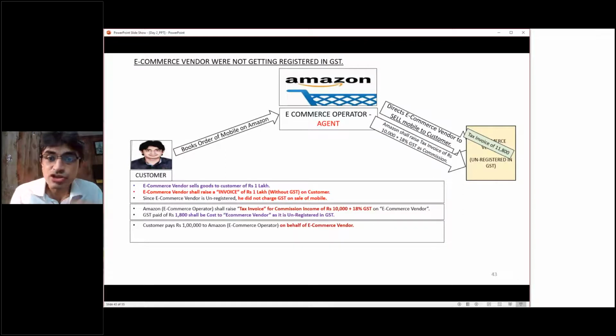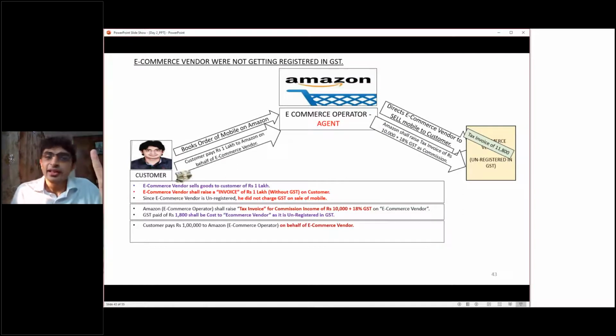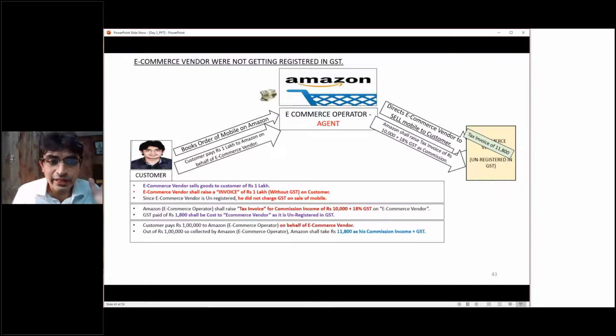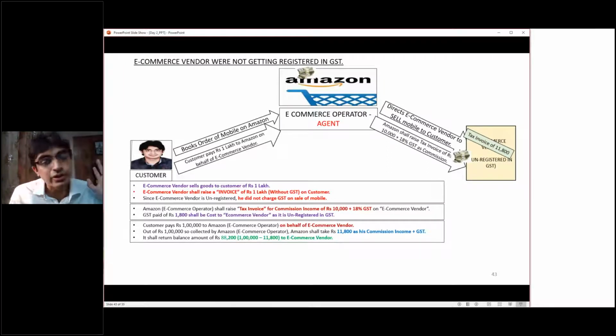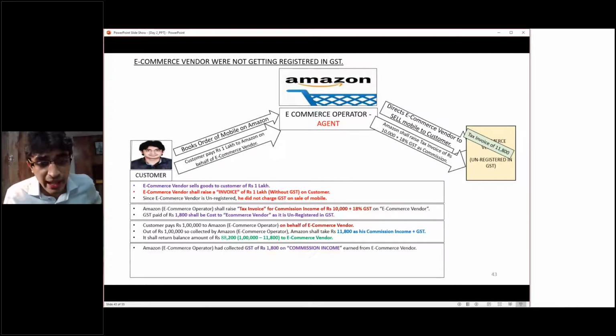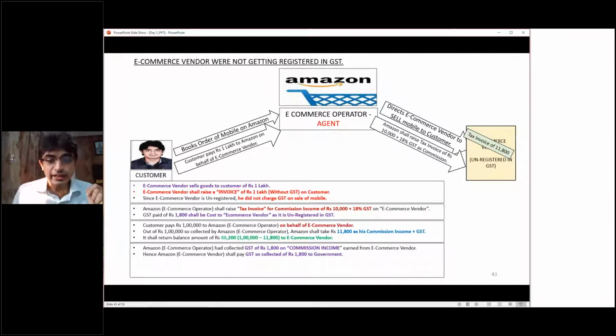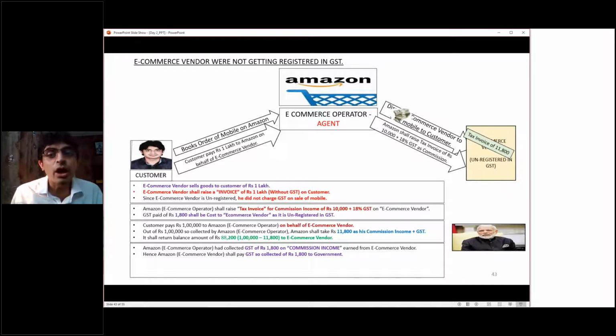Now, I as a customer will pay how much? Only 1 lakh rupees to Amazon, no GST, because there was no GST charged. Out of 1 lakh, Amazon deducted its commission of 11,800 and paid the balance 88,200 to the vendor. No GST. Whatever GST Amazon had collected, 1,800 rupees, it paid to the government.